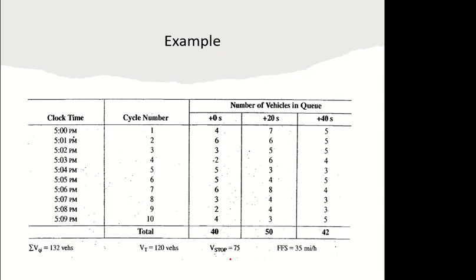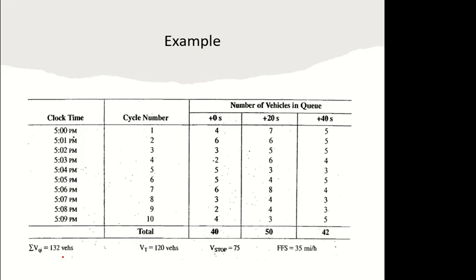Before we move on to the calculations, I have a small question. We have 120 vehicles which came to the intersection on this approach, and the number of vehicles in the queue is 132. So 132 versus 120.